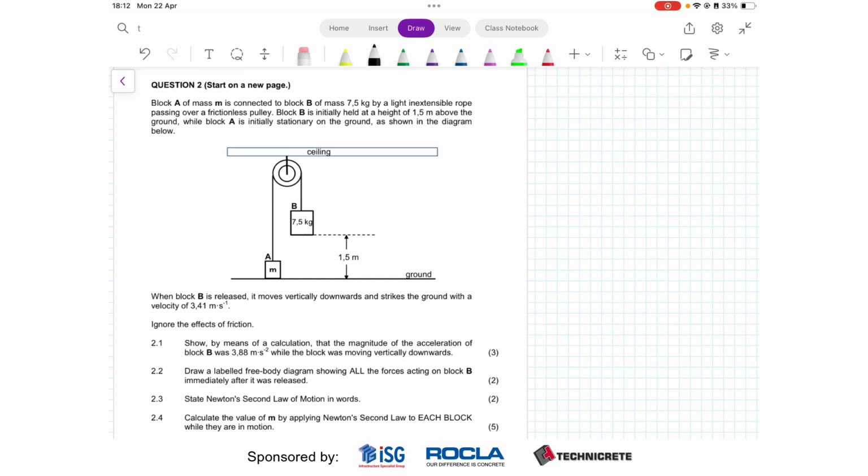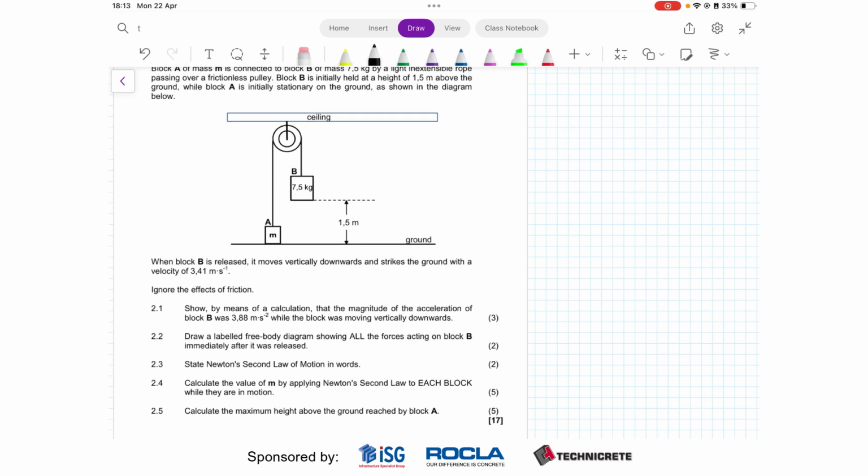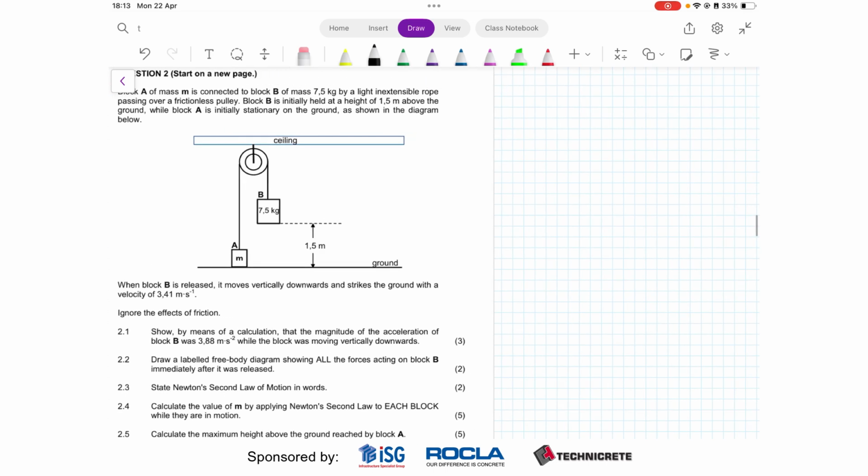When block B is released, it moves vertically downwards and strikes the ground with that velocity. Ignore friction. 2.1. Show by means of a calculation that the magnitude of the acceleration of block B was 3.88 meters per second squared while the block was moving vertically downwards, okay?